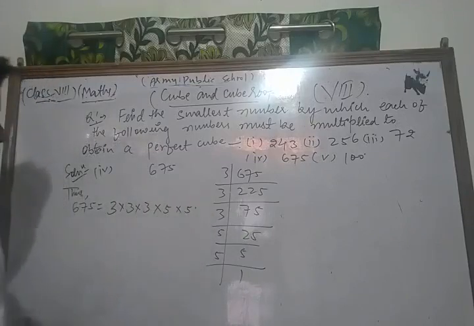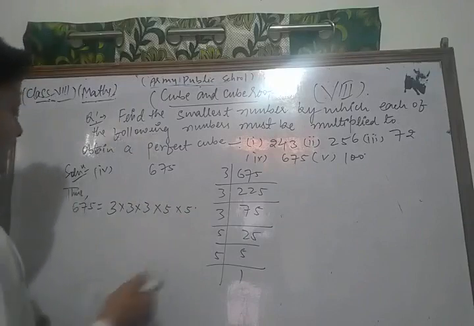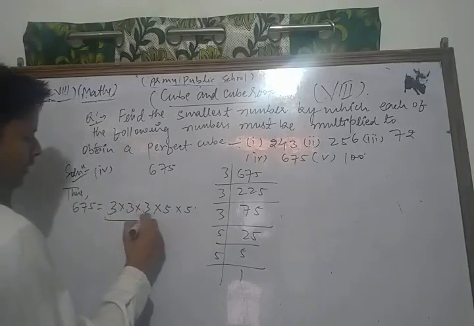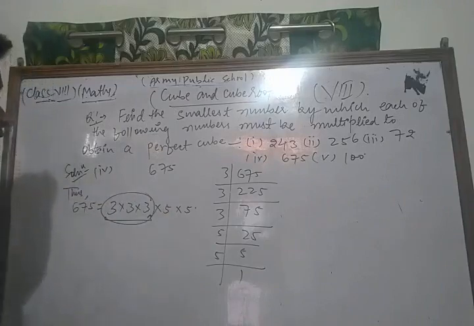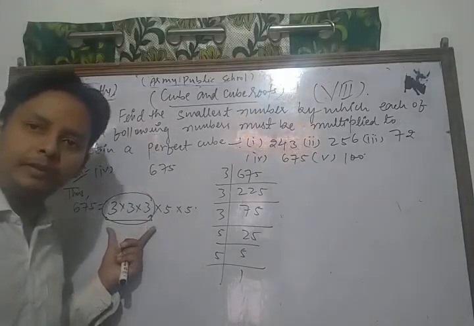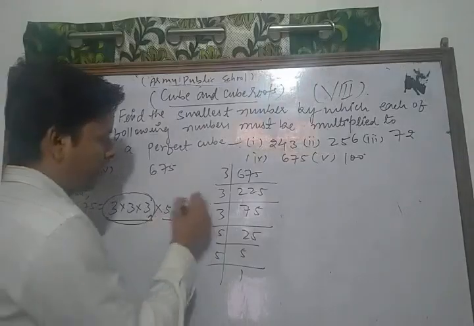Okay, now here we observe that 3 is grouped in triplets. 3 is in the grouping of triplet form. Okay, but 5 is not.